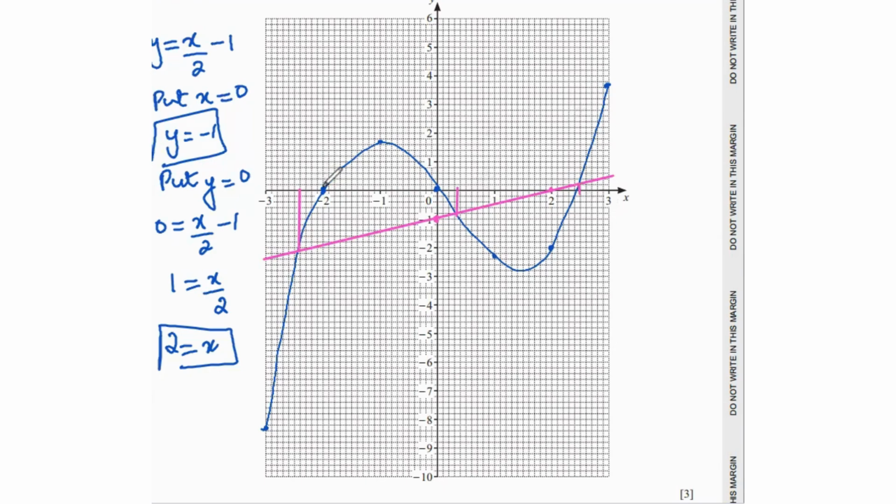So that's negative 2.4, 0.35, and 2.4. So these are the 3 x values.